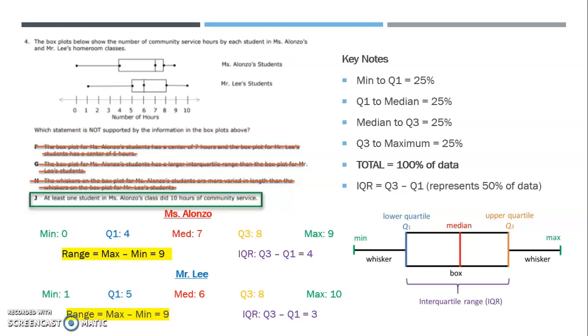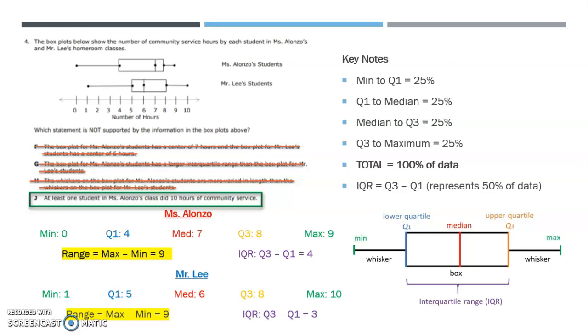See how one's smaller on one side and larger for Miss Alonso, and for Mr. Lee they're a little bit less different. So that's actually true. I would actually say that one's true. H is true. Hence the reason it's not that one. Just a little clarification for H.